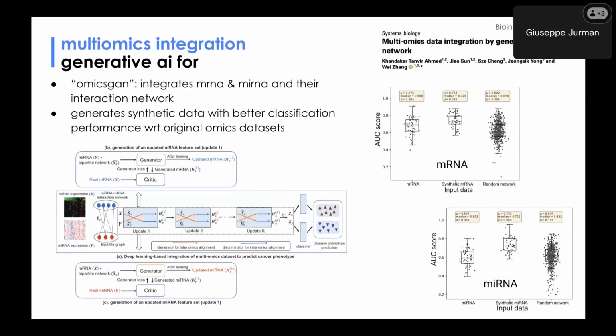This has provided a number of good applications for generating synthetic data, providing better classification performances with respect to the original omics dataset. And this is a very important advance in the direction of integration of different levels of omics data.